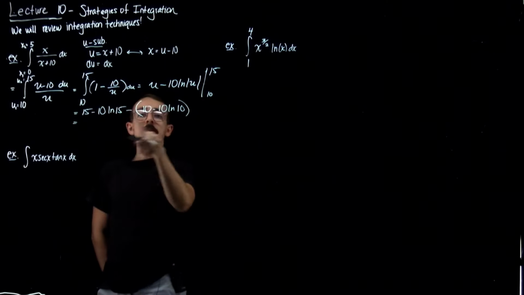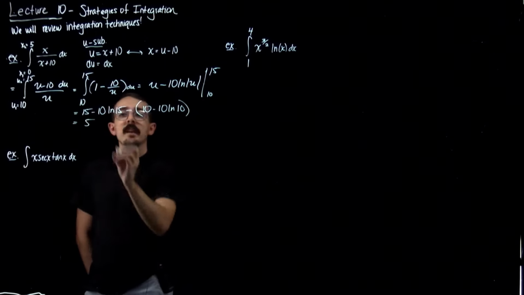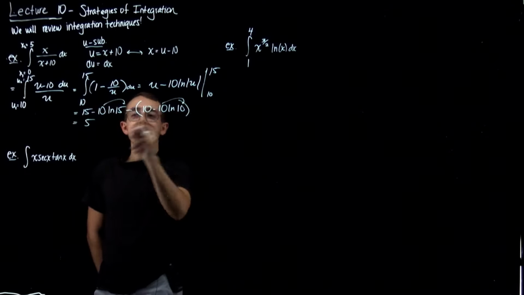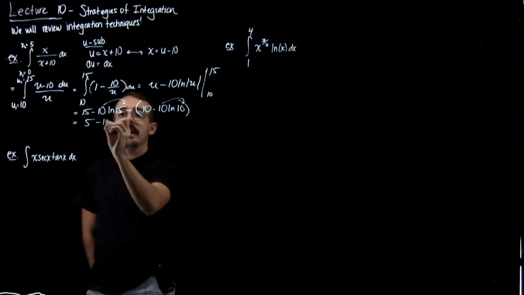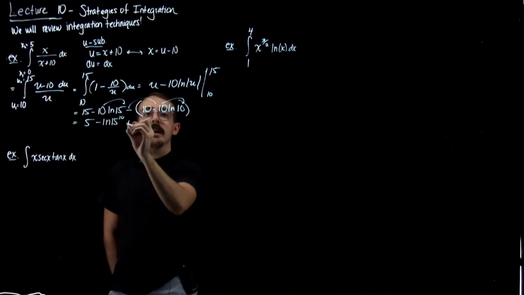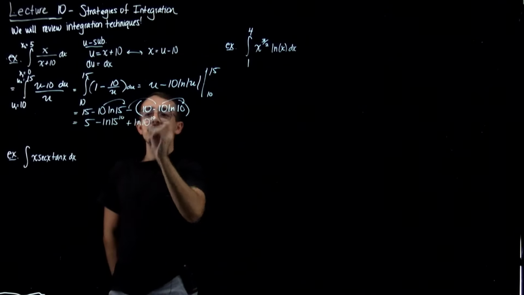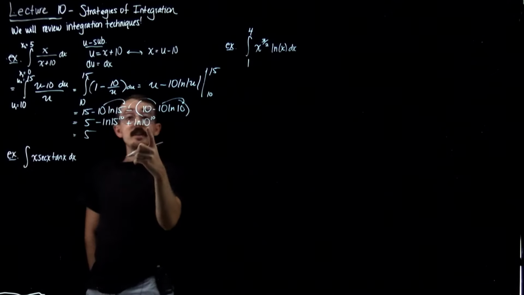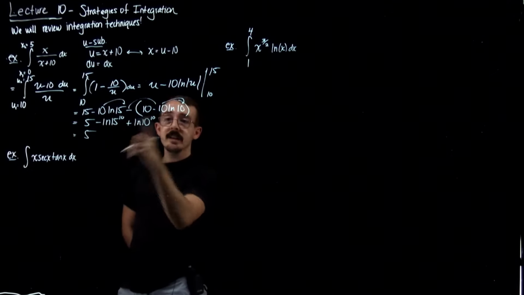So 15 minus 10 is 5. And then these 10s can be brought up based on the log rule. So I get minus ln of 15 to the 10. Here I have a double negative, so I get plus ln of 10 to the 10. And this is 5. And if I do one log minus another log, it's division.